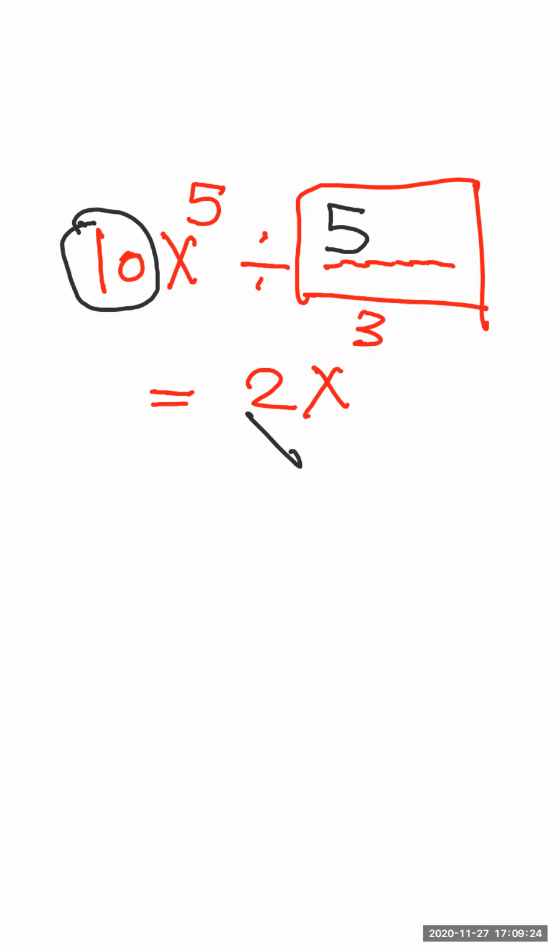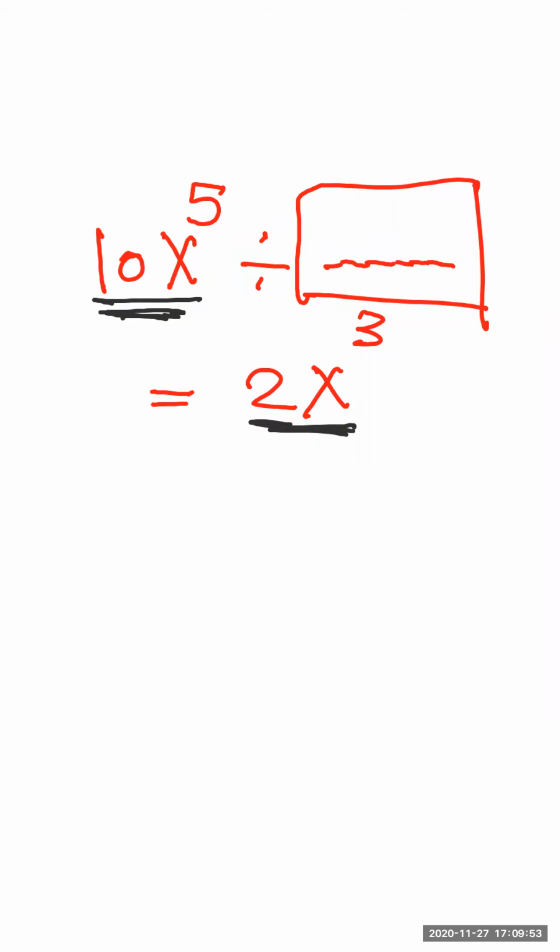Then x power 5 divided by a value so that it becomes x power 3, so this means x squared, of course. Otherwise, I can solve it a different way. How? I divide 10x power 5 by a value so that I get 2x power 3.